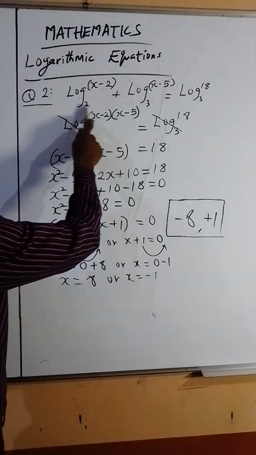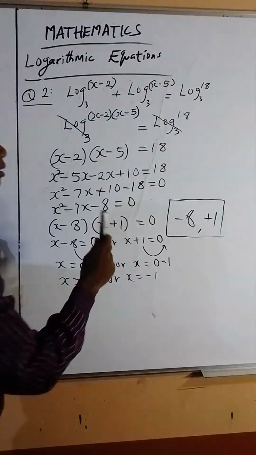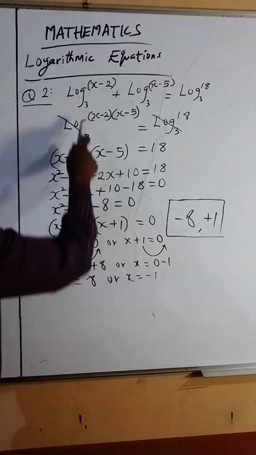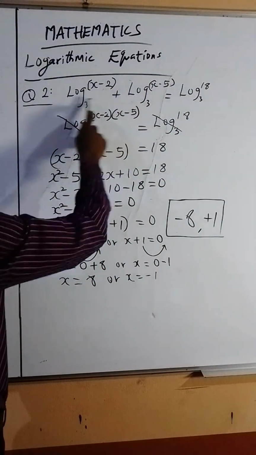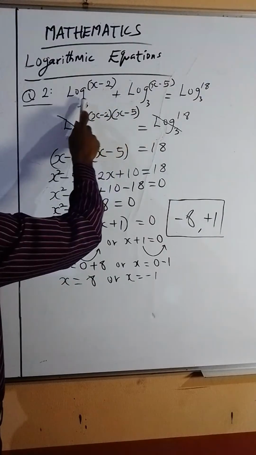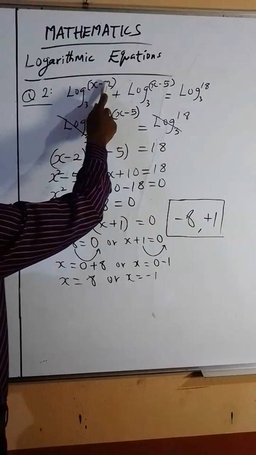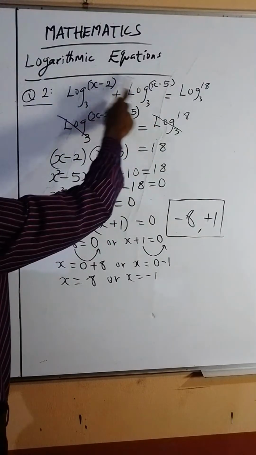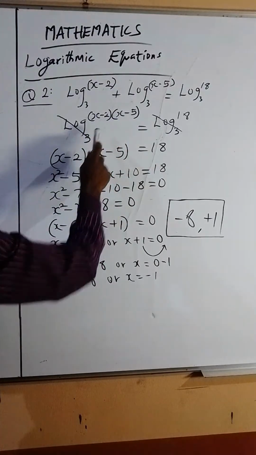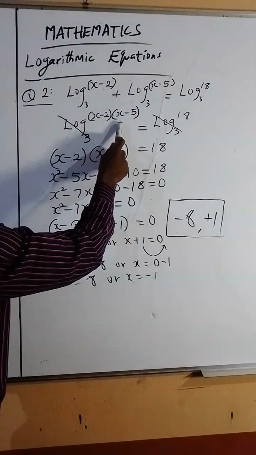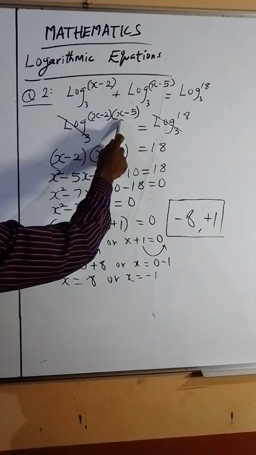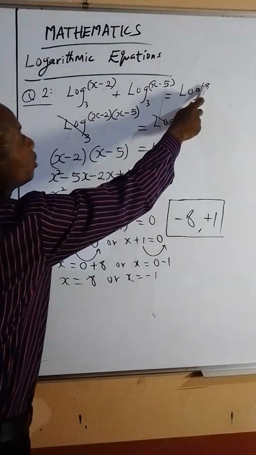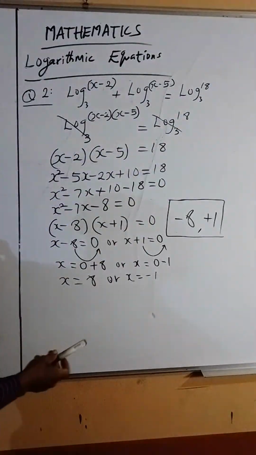So we can see here that the logarithms have the same base, only the terms here are different. So what you simply did was to take one logarithm to the base, then multiply what we have here. This is the law of addition of logarithms, transforming addition to multiplication, while taking one logarithm to the base and equating it to logarithm 18 to the base of 3.